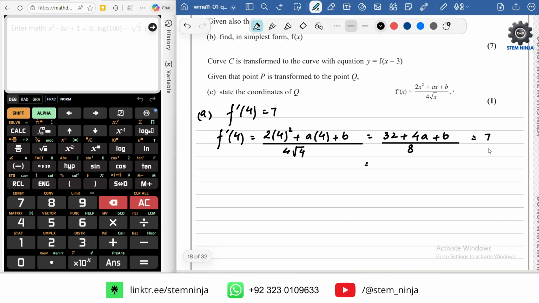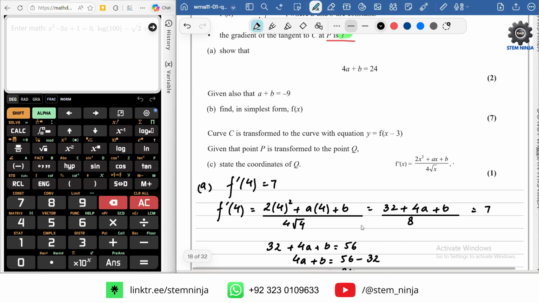And this is equal to 7, right? So we multiply 8 on the other side, we get 32 plus 4a plus b equals 56. So therefore 4a plus b is equal to 56 minus 32, so this would be 24. So 4a plus b equals 24. Right, and that's what we needed to show.